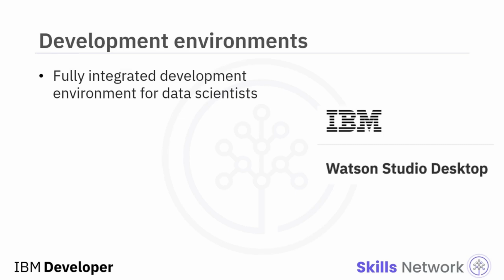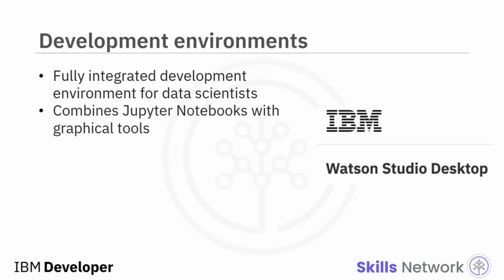Watson Studio is a fully integrated development environment for data scientists. Most people consume it through the cloud, and there is also a desktop version available. Watson Studio Desktop combines Jupyter notebooks with graphical tools to maximize the performance of data scientists.